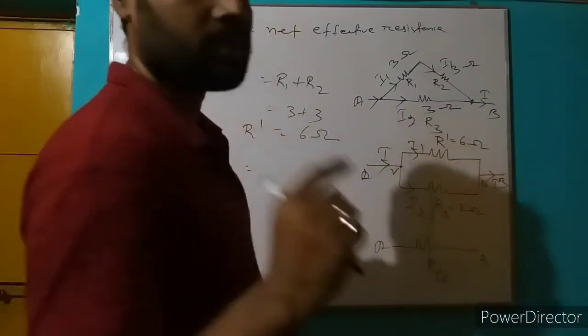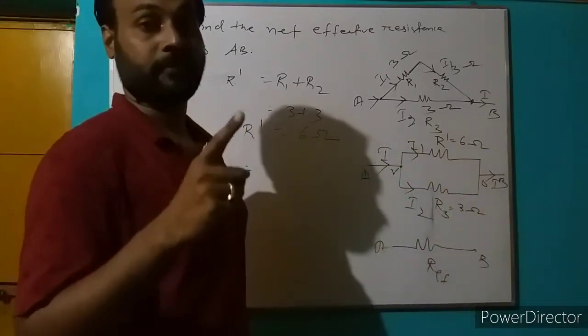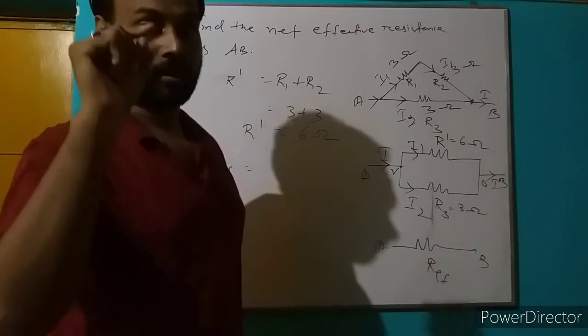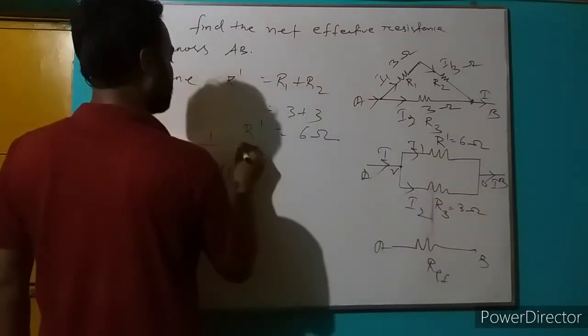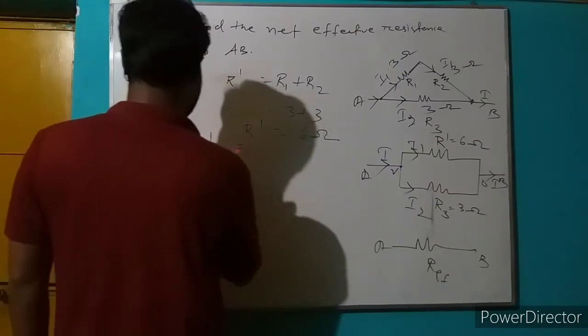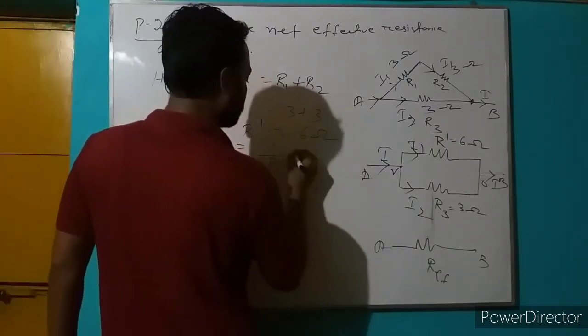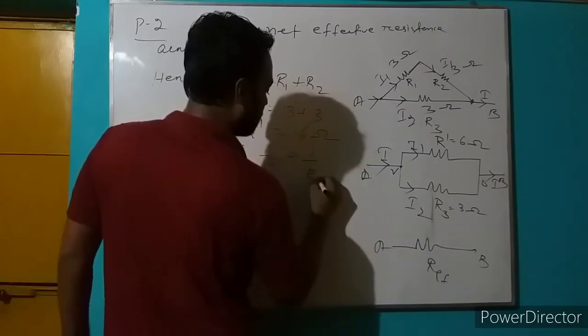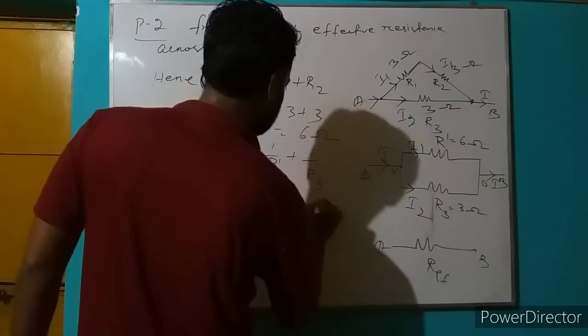In parallel connection, we know the net effective resistance is given by 1 by R effective equal to 1 by R1 plus 1 by R2. So 1 by R effective equal to 1 by R prime plus 1 by R3. That means 1 by 6 plus 1 by 3.